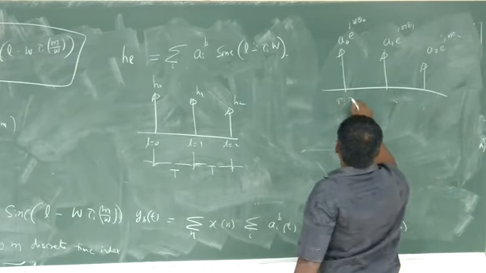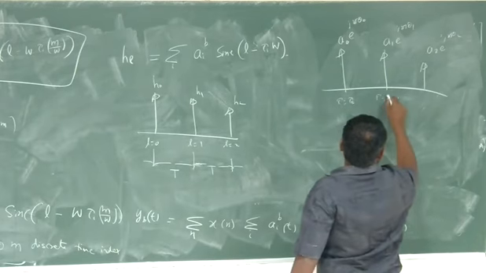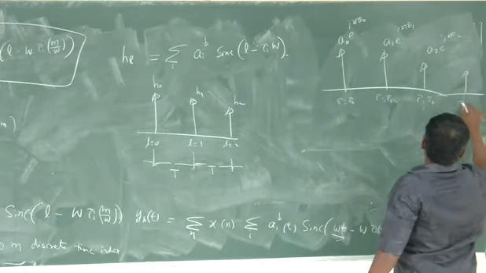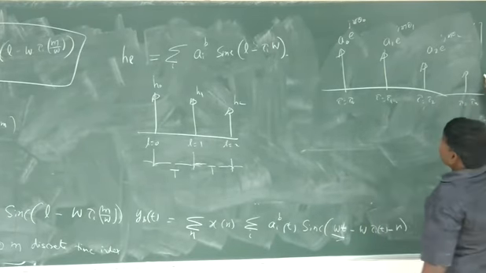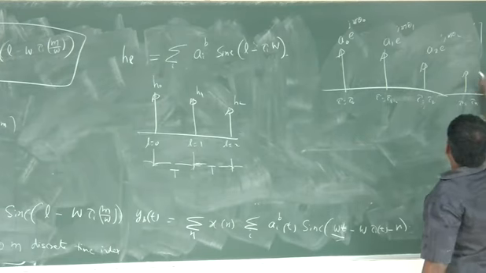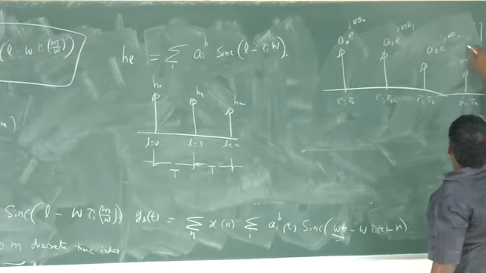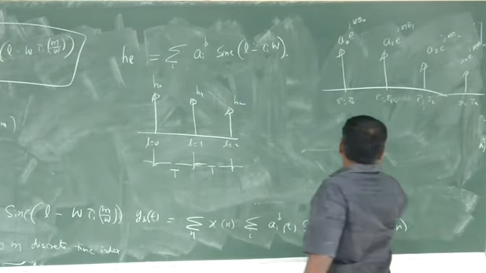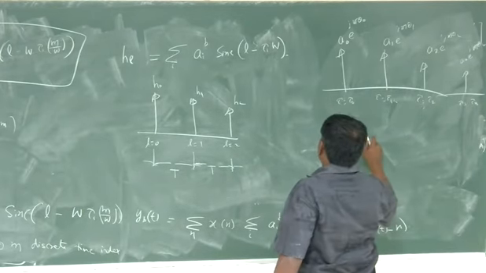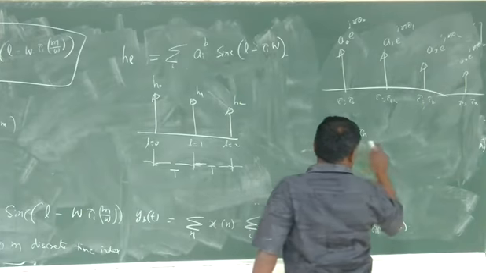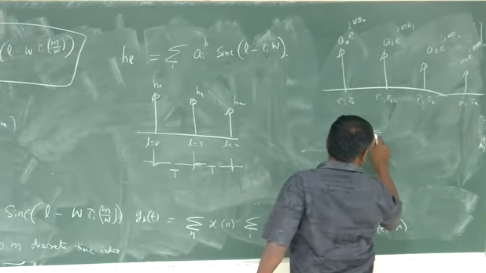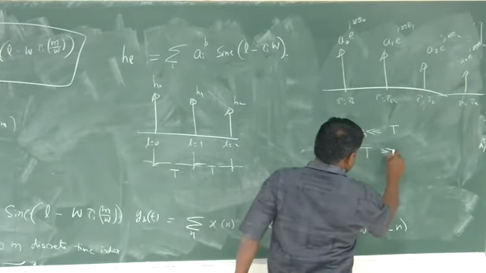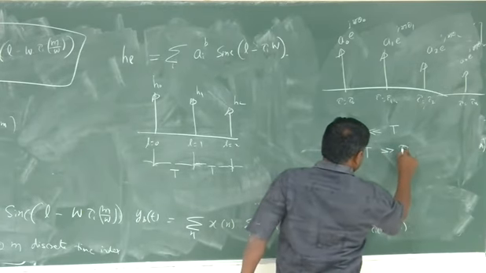This is tau equal to tau 0, tau 1, tau 2, and then we have tau equal to tau n, some number An e to the power of j 2 pi theta n. Let us say tau n is much smaller than T, or in other words, T is higher than tau n.